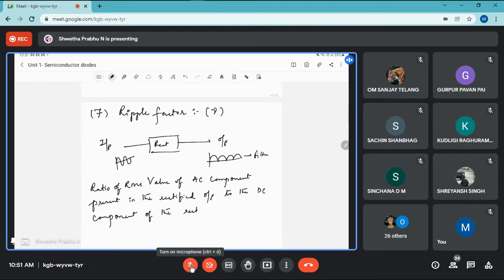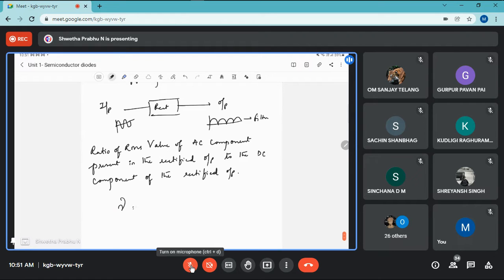I shall write the definition. It is the ratio of the RMS value of the AC component present in the rectified output to the DC component of the rectified output. So ripple factor is VAC over VDC, and both are measured with respect to the output.